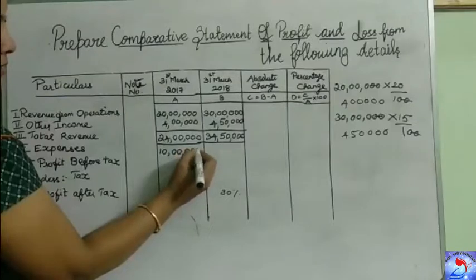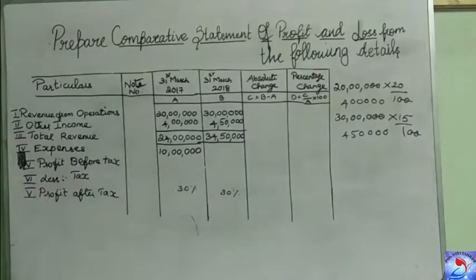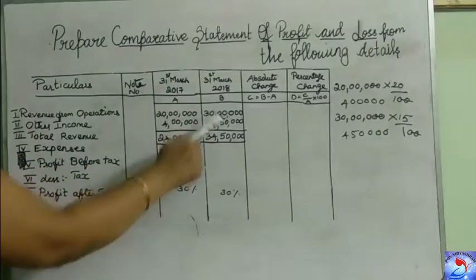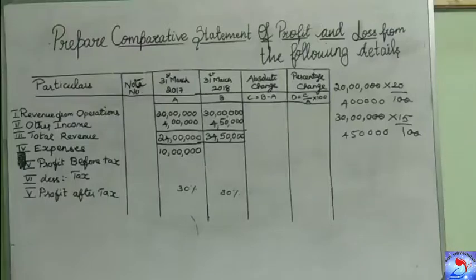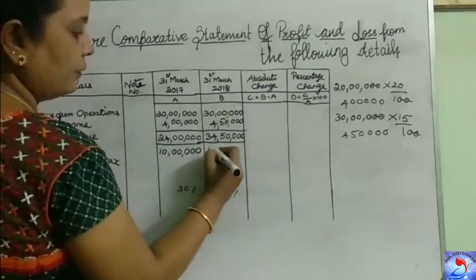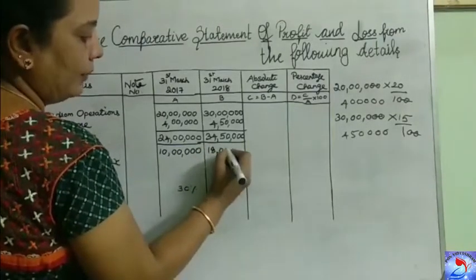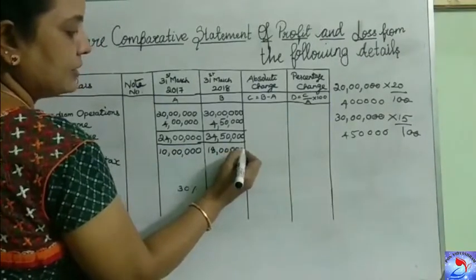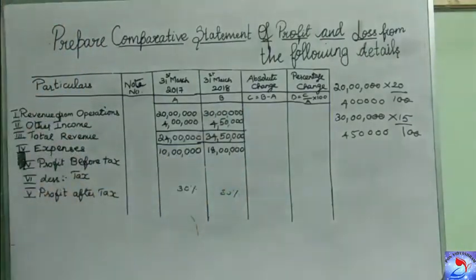Then for 2018, 60% of revenue from operation is the expenses. What is 60% of revenue from operation? 60% of 30 lakh is 18 lakh.